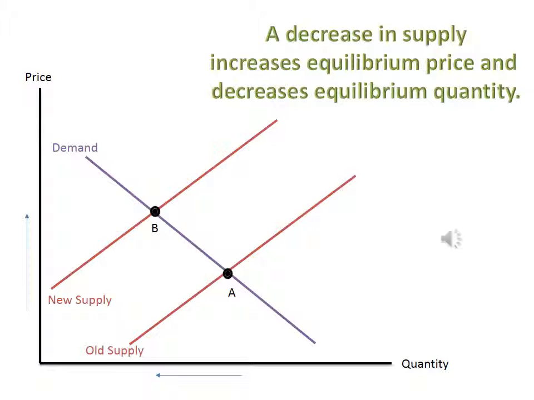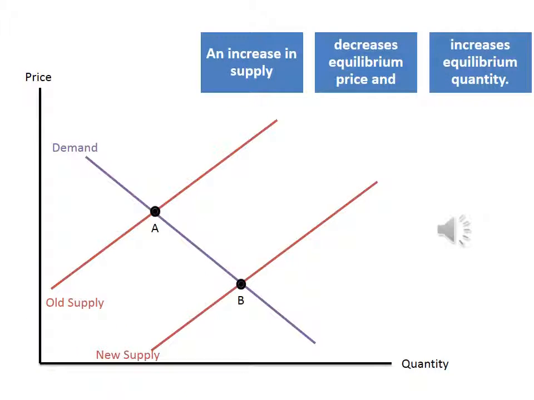So as you should be able to see from the diagram in front of you, when we decrease supply, we move from equilibrium point A to equilibrium point B. That's where the new intersection is. And B, compared to A, has a higher price but a lower quantity. So a decrease in supply increases equilibrium price but decreases equilibrium quantity.